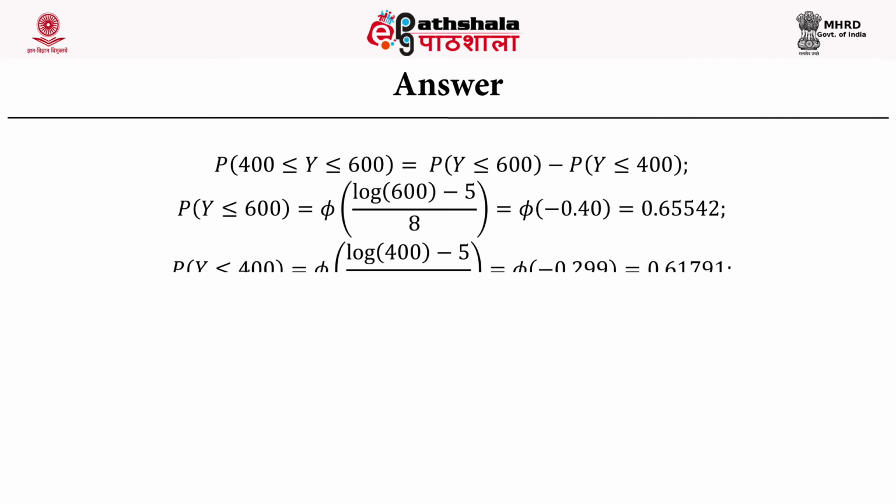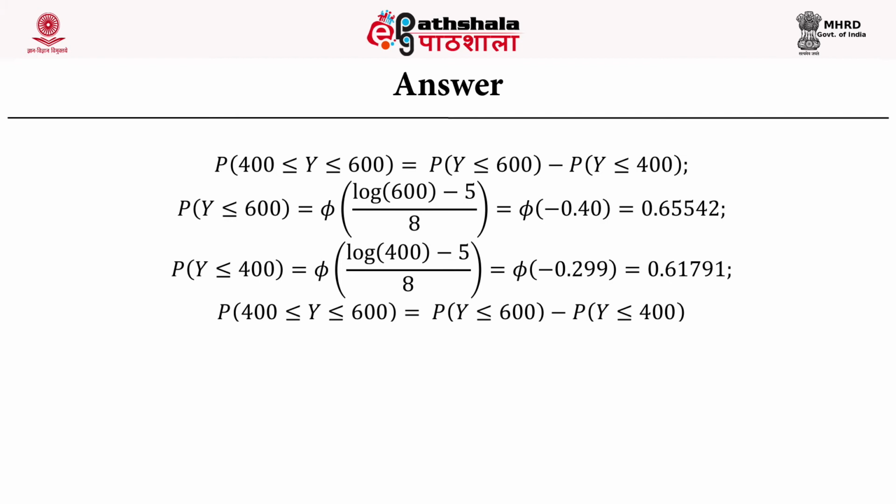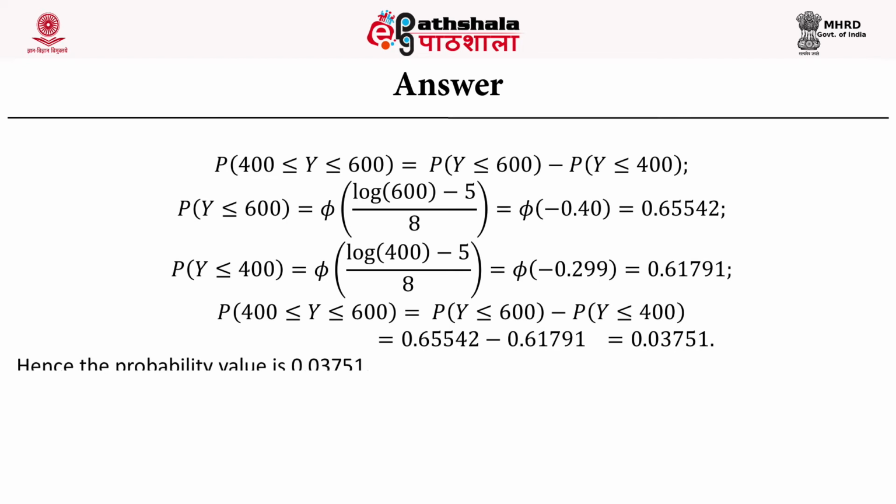As we know, it is equal to phi of log of 600 minus mu upon sigma, which is equal to phi of minus 0.40, and from the table you can see the value for minus 0.40 is equal to 0.65542. Similarly, you can find the probability that Y is less than 400, which is phi of log of 400 minus mu upon sigma, equal to phi of minus 0.299, which is equal to 0.61791.